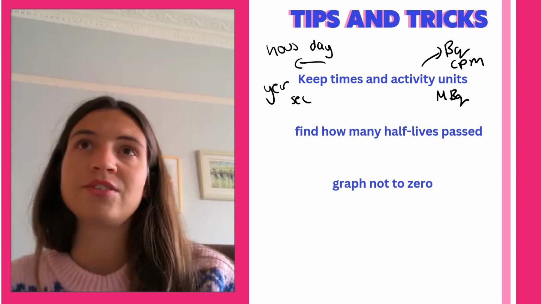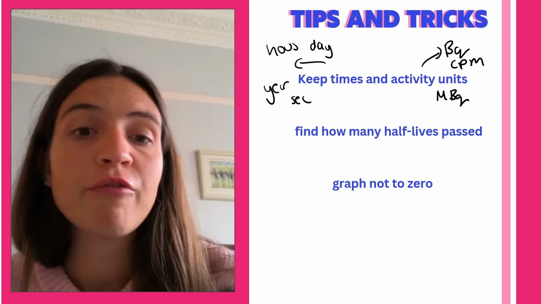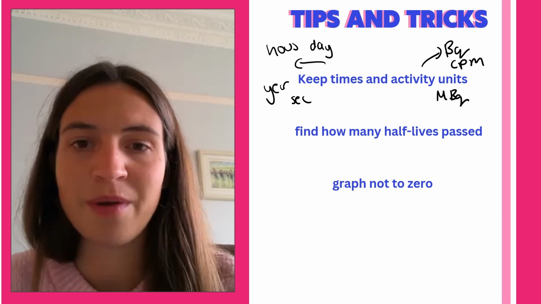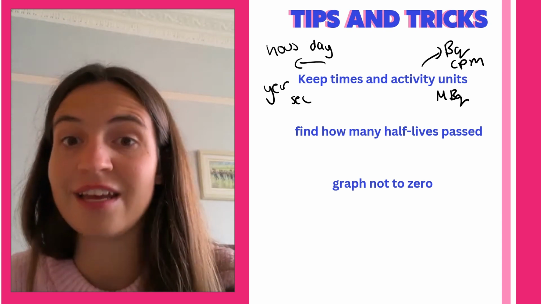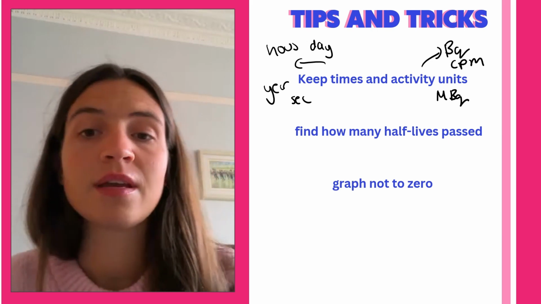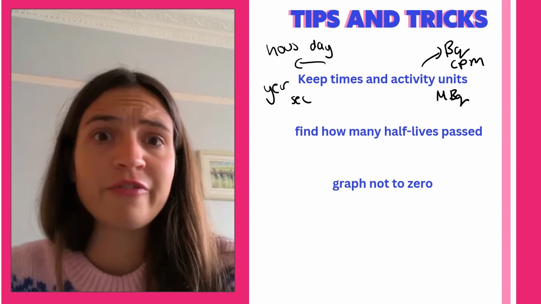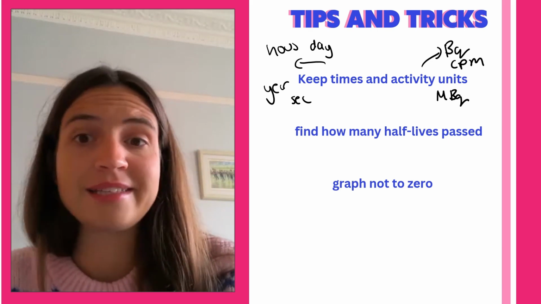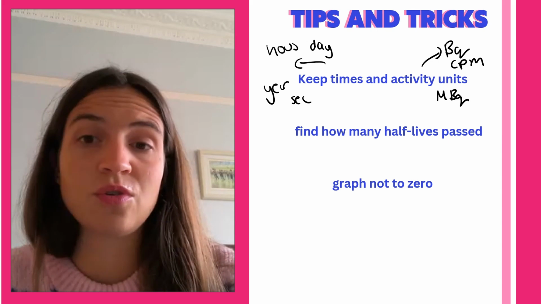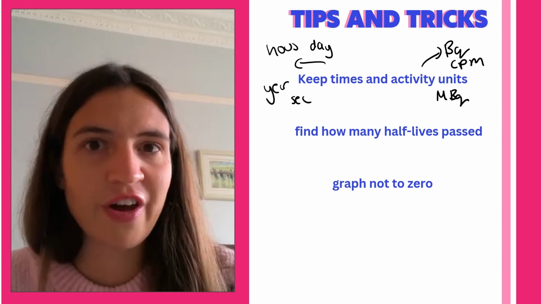There's no need to convert times from hours, days or years into seconds. You keep it as it is, and your activity you keep in the units that they give you as well. If they give you counts per minute, keep it in counts per minute. Don't try and figure out how many decays that is per second. It's fine. So this is one of the rare points in your course where you're not worried about converting time into seconds.